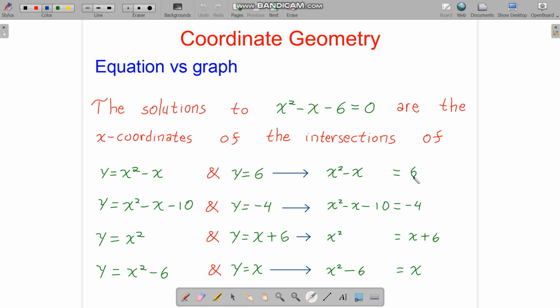For this equation we get x squared minus x minus 10 equals minus 4, x squared equals x plus 6, x squared minus 6 equals x. So if we rearrange the equations, you will get exactly the same as this. So the x values should be exactly the same as the solution to this x value.